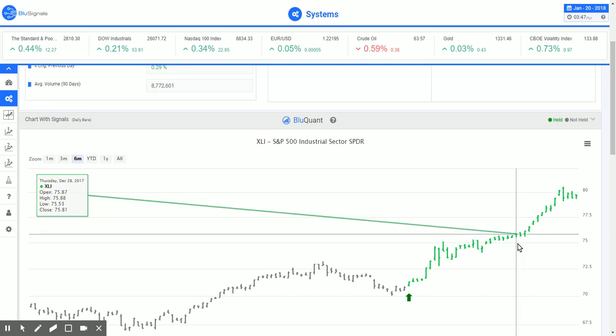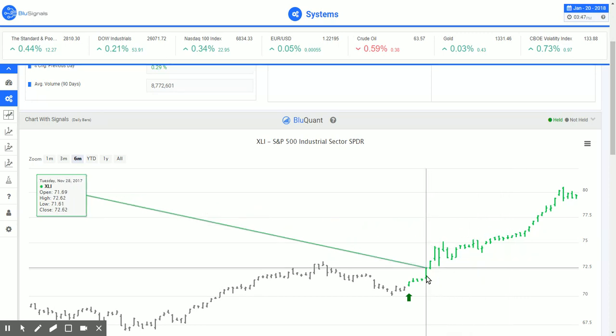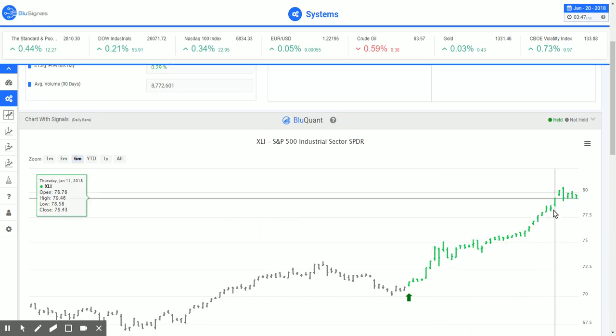They take the part of their portfolio where they look to achieve intermediate and long-term gains and simply buy and sell the BluQuant positions.